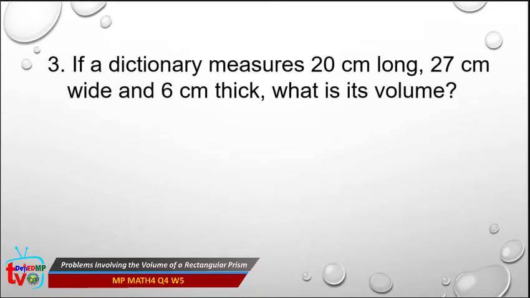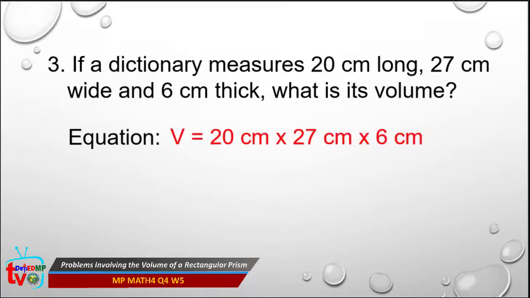For number 3, if a dictionary measures 20 centimeters long, 27 centimeters wide, and 6 centimeters thick, what is its volume? For its equation, volume is equal to 20 centimeters times 27 centimeters times 6 centimeters.